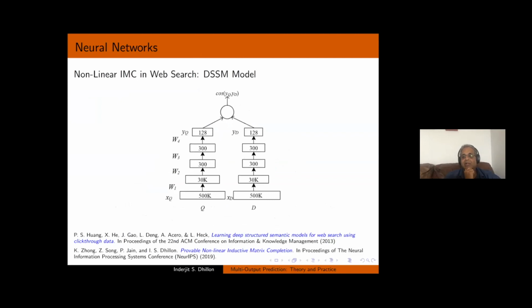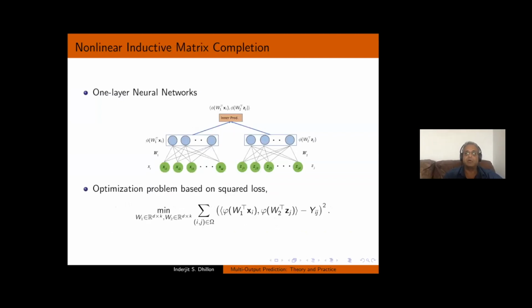And when you have multiple layers, these are methods that are actually used quite a bit in many problems in industry. DSSM model is one name. I've heard two tower networks, Siamese networks, different names, but many applications actually use this model.